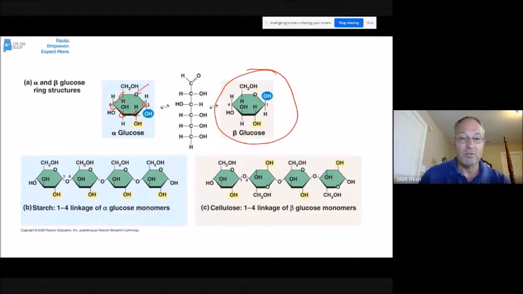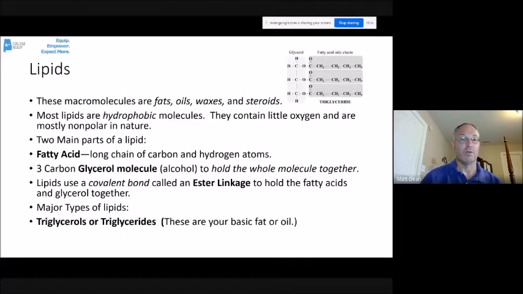And that matters because glucoses with different shapes hook together in different ways. Here we see linkages between the glucoses in starch, and here we see linkages between glucoses in cellulose. And those differences end up causing differences in shape, which in turn cause differences in functions. All right, that's all we're going to say about carbs for today.